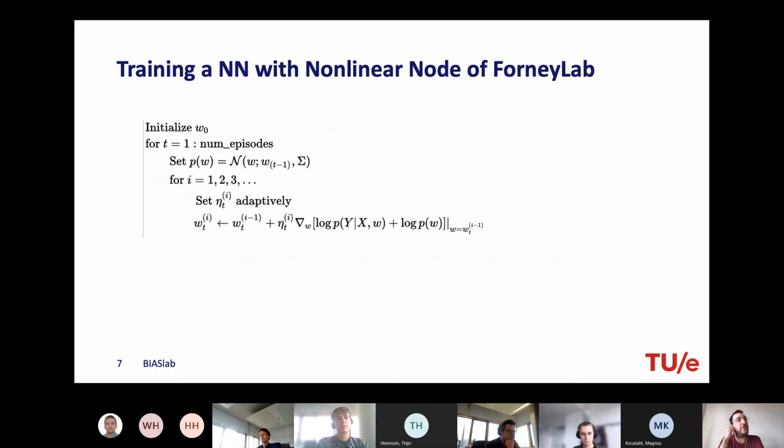What I mean by stationary point is that the gradient is basically zero there, so there will be no learning in this setting.